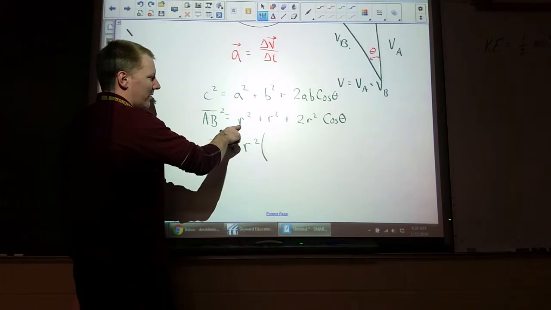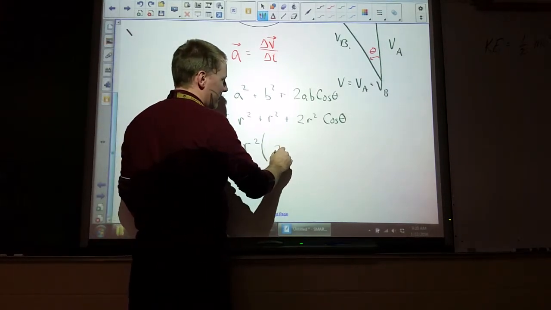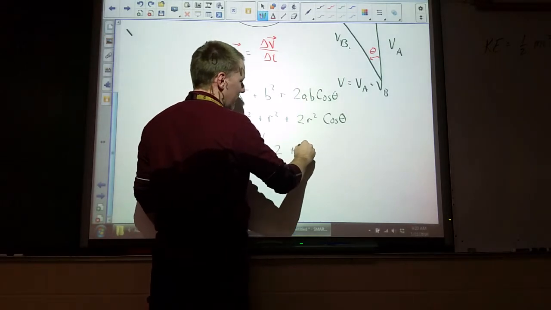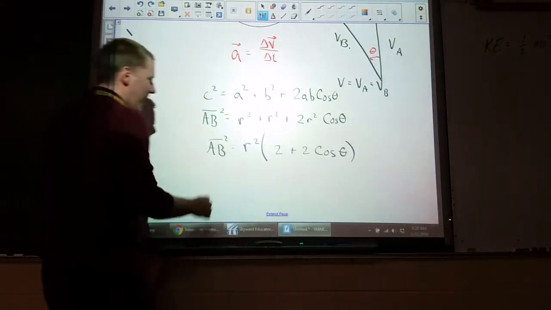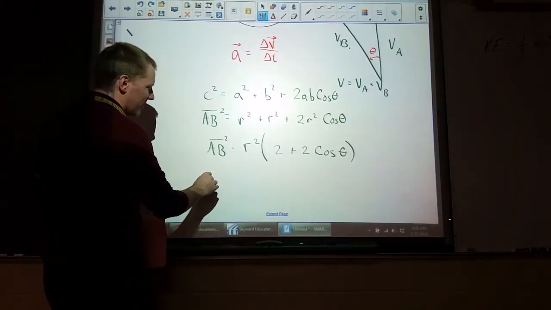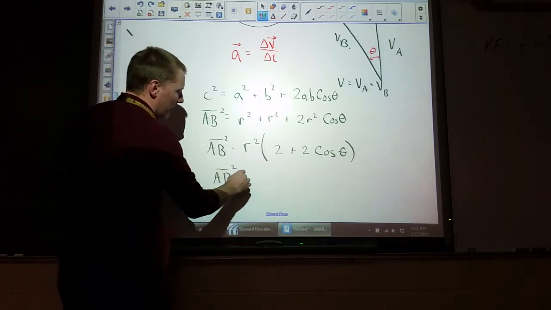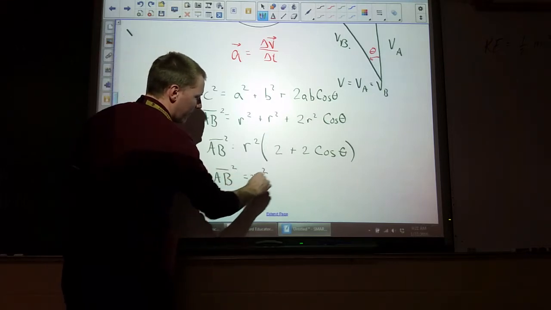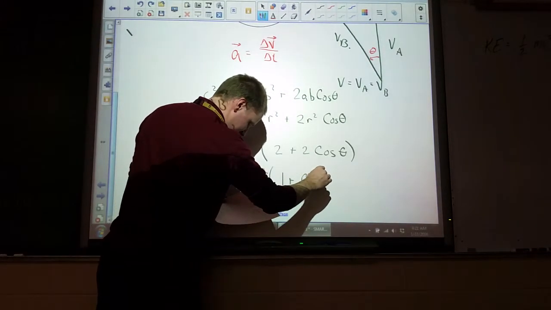What's left is we have 1 and 1 here, so that's 2, plus we still have the 2 there, times the cosine of theta. And we can even factor that 2 out: 1 plus cosine of theta.